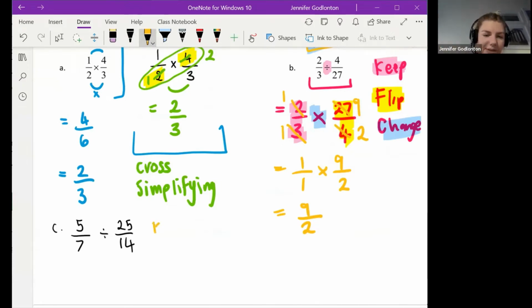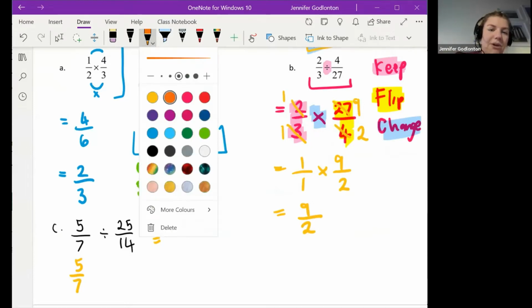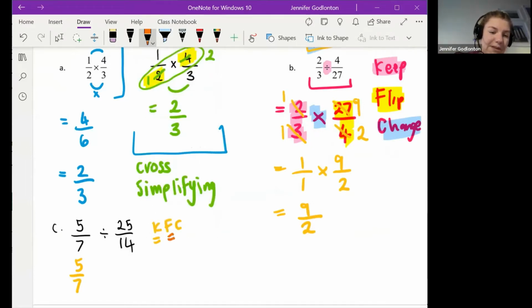We're going to do our KFC process, which means we're going to keep our first fraction exactly the same. That's what the K stands for. Then we are going to flip the second fraction, which means we're putting what was at the bottom at the top and what was at the top at the bottom. And then our last step here is that we change the sign. So we change this divide sign to a time sign. That's our first step to deal with our division.